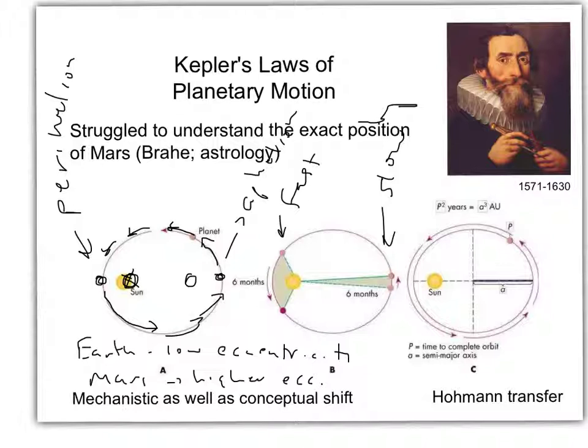That is mathematically related to the period of time, the year of the planet, in the following way. If you take the period, square it, that's in years, that's going to be equal to this semi-major axis cubed in terms of astronomical units.